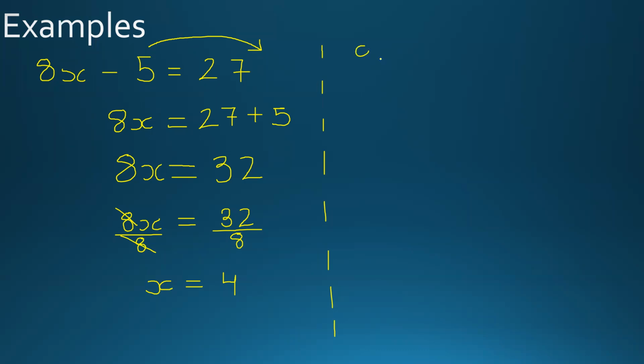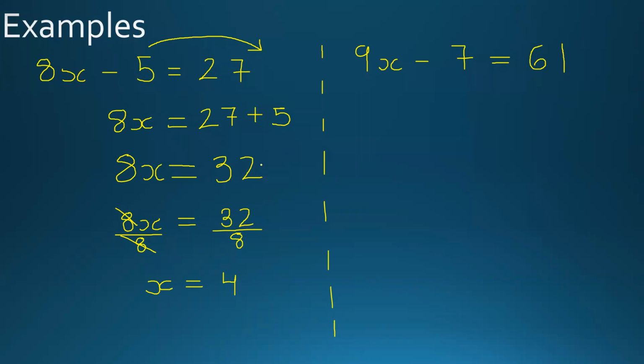So let's say we have 9x minus 7 is going to be equal to, let's use 61. Okay.